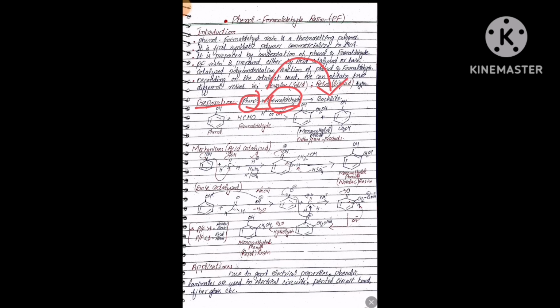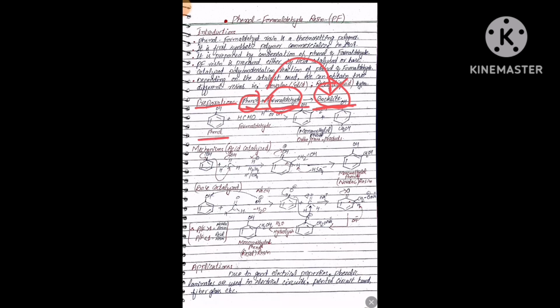This is the answer to my question which I asked you a minute ago. What is the name of the first synthetic polymer? The first synthetic polymer is bakelite, which was commercialized in 1909, and bakelite is obtained from two different monomers. One is phenol, another is formaldehyde.